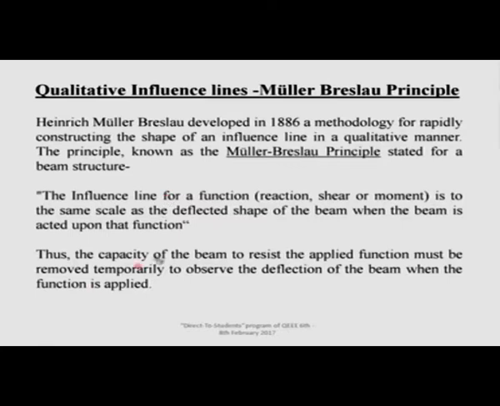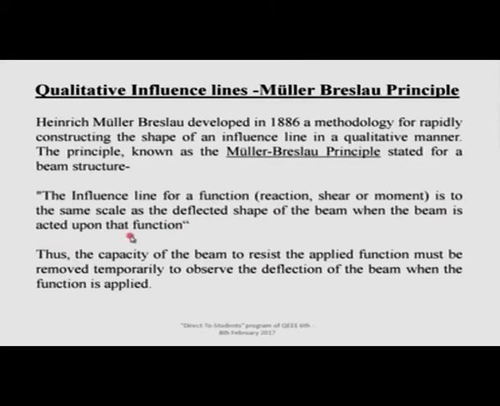Let me read carefully once again the principle. The influence line for a function, reaction, shear or moment is to the same scale as the deflected shape of the beam when the beam is acted upon by that function.